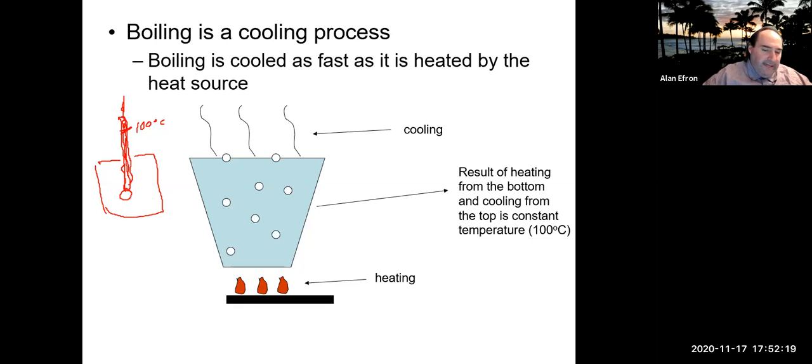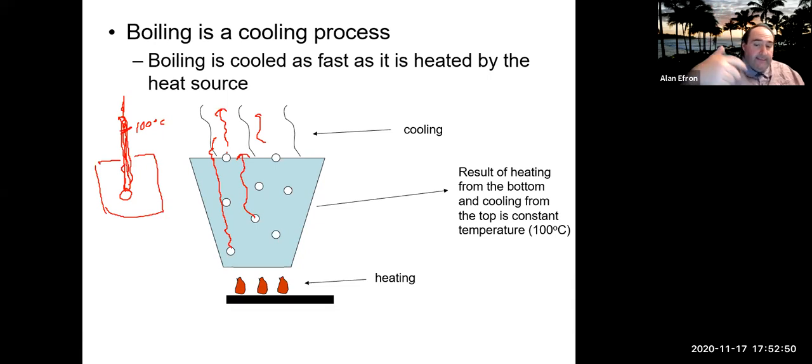So although we are heating from the bottom, as these molecules are going through the liquid trying to escape, they lose a lot of energy, and the solution loses a lot of energy. Once they're able to escape into the surroundings, they are moving a lot slower. They lowered the overall kinetic energy of the surroundings because they took a lot of energy to get themselves out of the liquid phase.